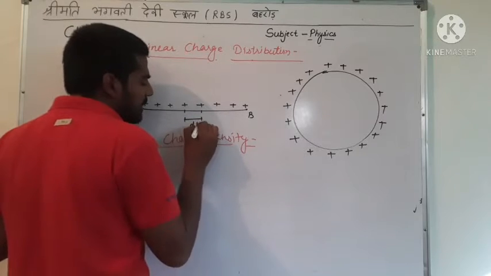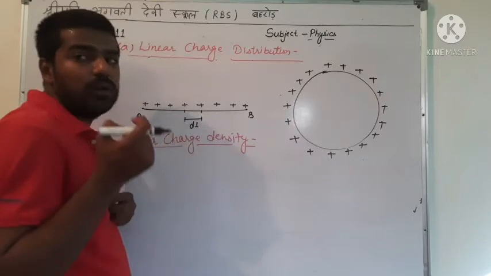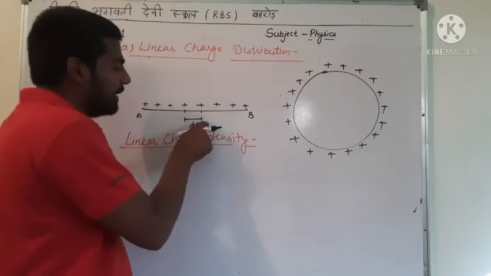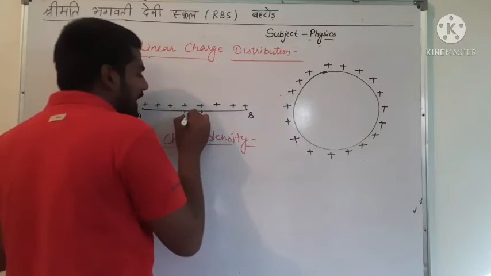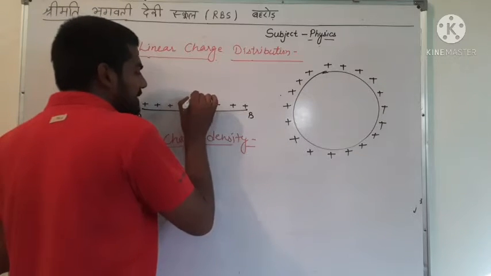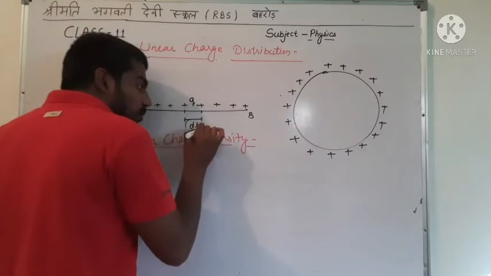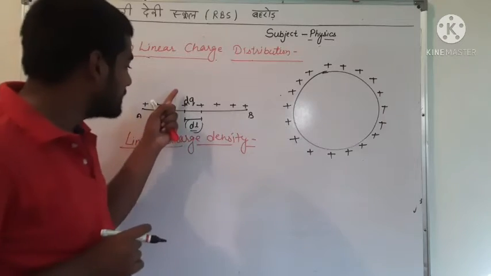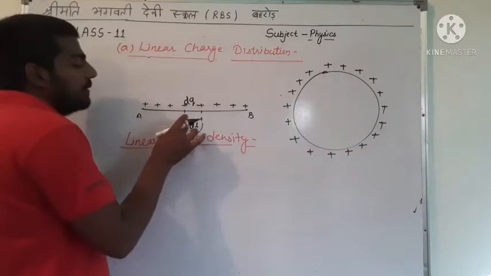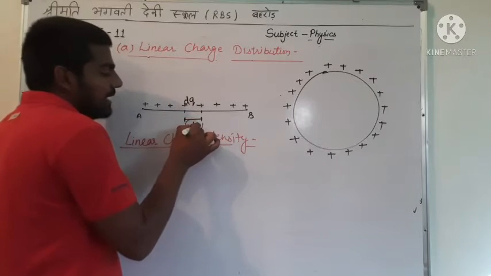This is a small distance on line AB, so we represent it as dl. The charge available at the small distance dl is dq, also small.